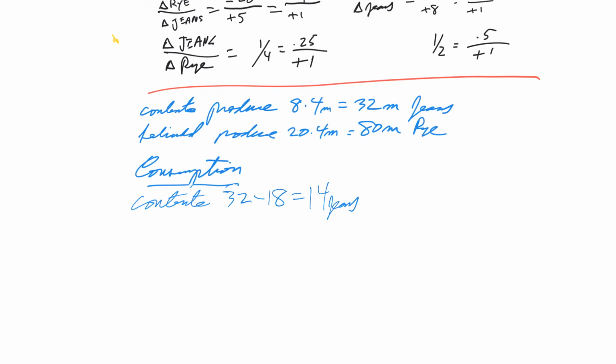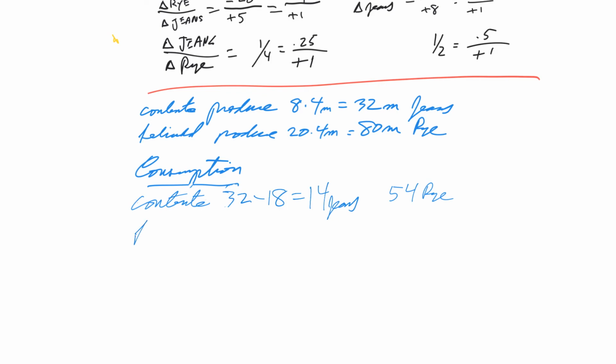And it says that they're trading away those 18 for 54 rye. So that's what they're consuming: 14 genes and 54 rye.